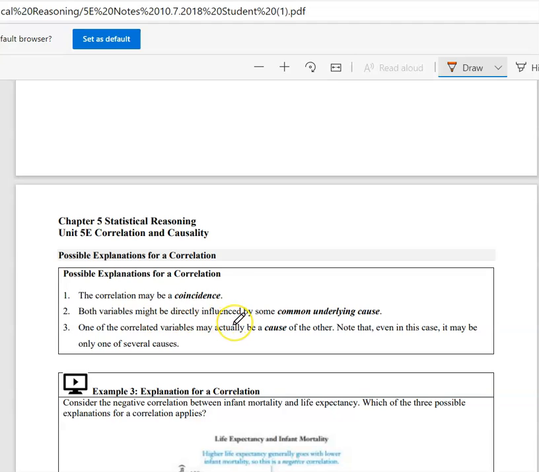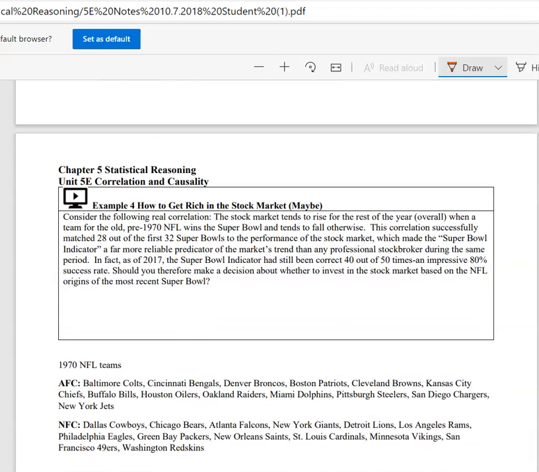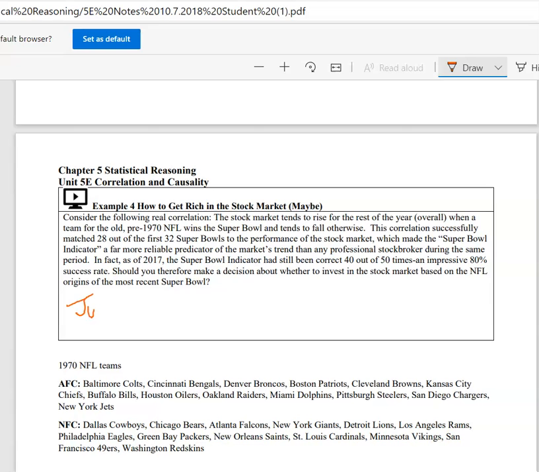Do we really think that a pre-1970s NFL team caused the stock market to go up? No. So I would say do not let this influence your investments. This is just a coincidence. We can find no other proof for this. It's just a coincidence.